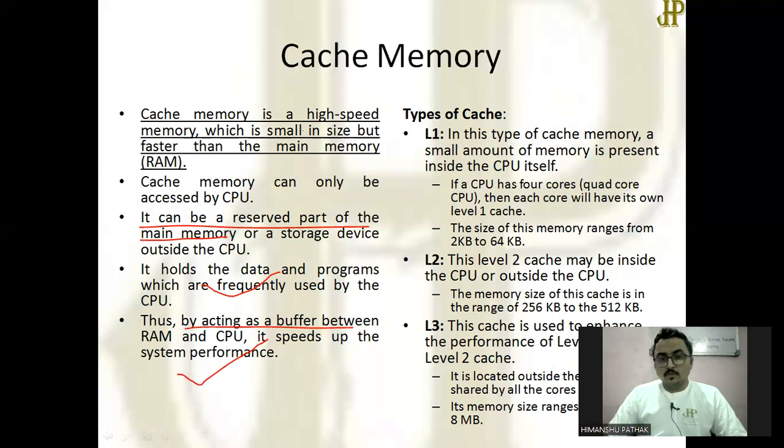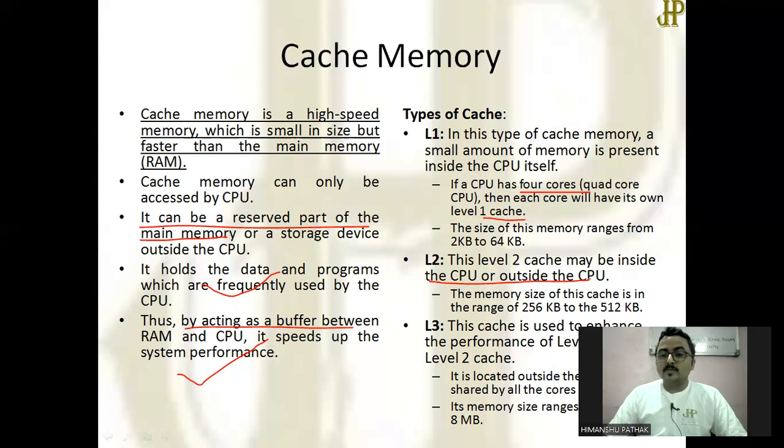There are various types of cache. First one is L1, next are L2 and L3. L1 has 4 cores, and each core will have its own level 1 cache. L2 may be inside the CPU or outside the CPU.